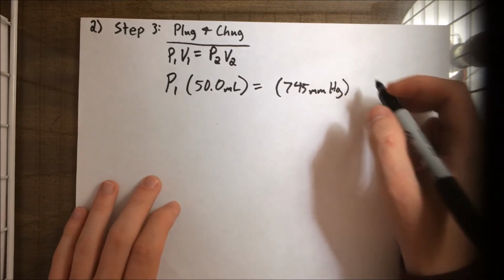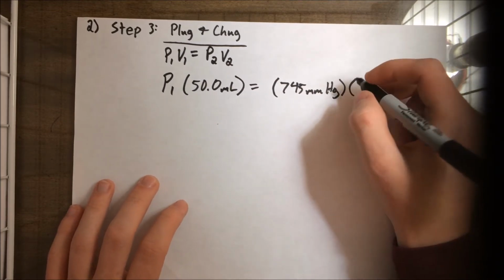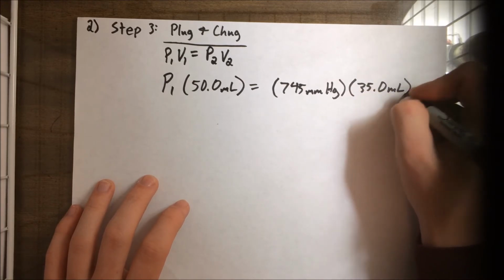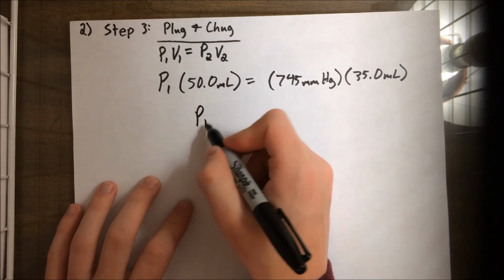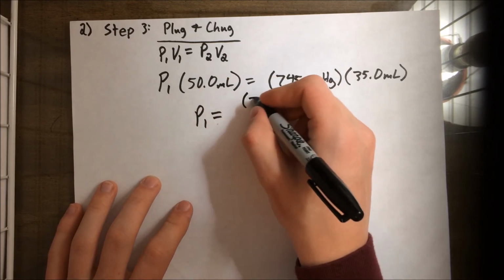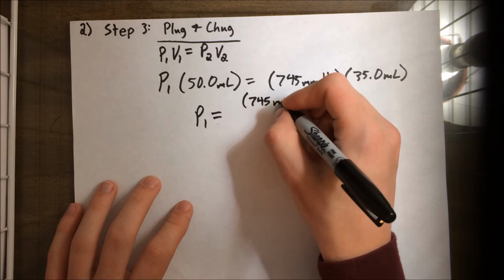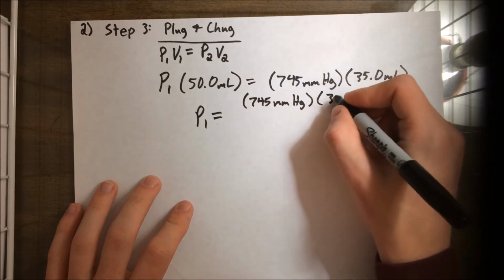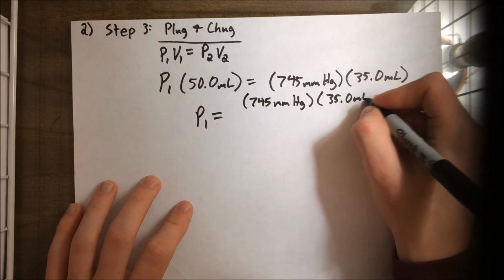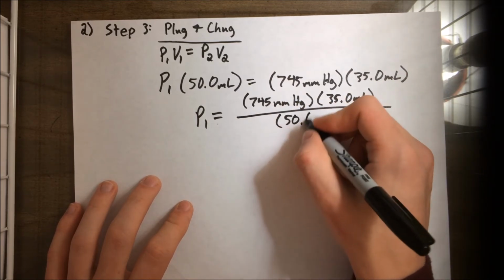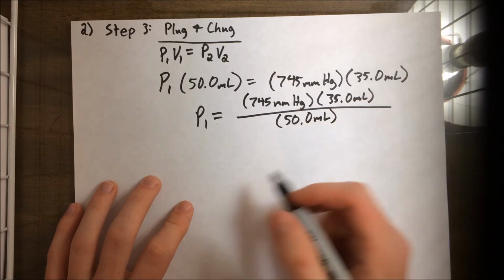We also converted to get that, times the final volume, which is 35.0 milliliters. So then P1 is equal to the final pressure, 745 millimeters of mercury, times the final volume, 35.0 milliliters, all over the initial volume, so 50.0 milliliters.